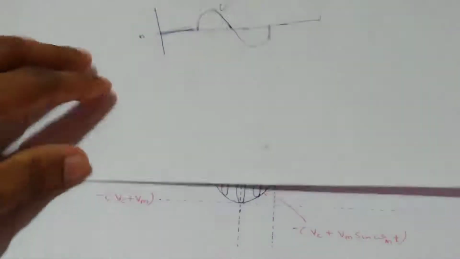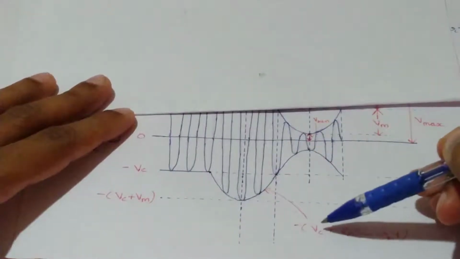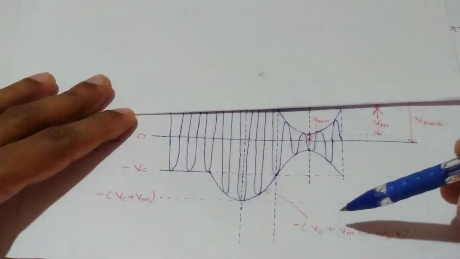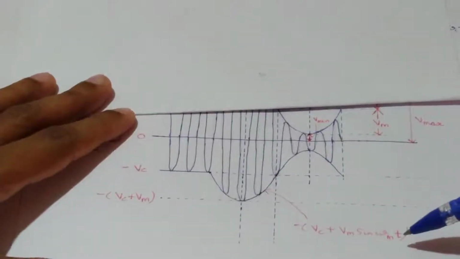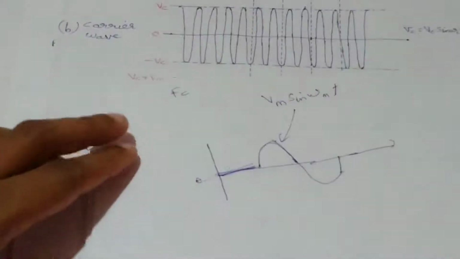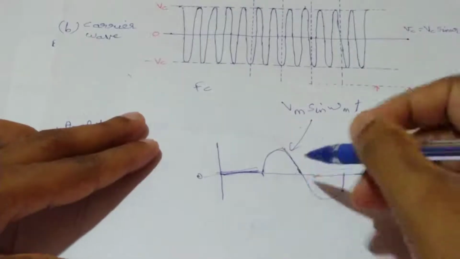Okay, then when we consider the bottom envelope, here also this Vc term is 0, hence the equation for the bottom envelope will be minus Vm sin omega mt. So let's check how it will come when we plot that. So when we plot that bottom component, it will be like this one.